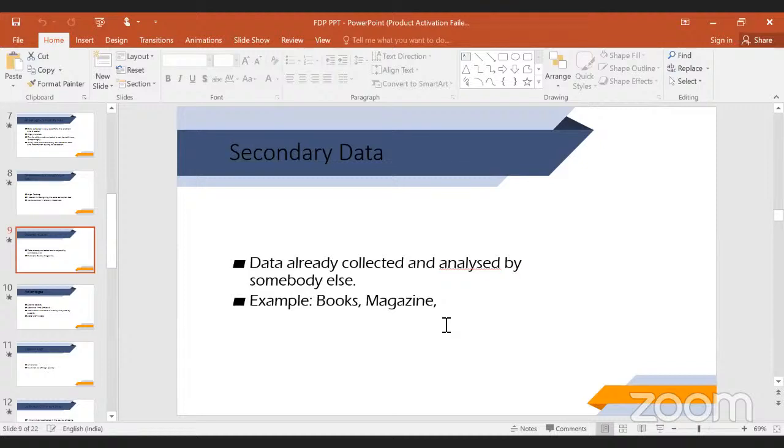Or take the example of the census. Say the government has already conducted the census and given you the results: how many men there are, the number of women in the country, how many children, with different segments of different age groups.